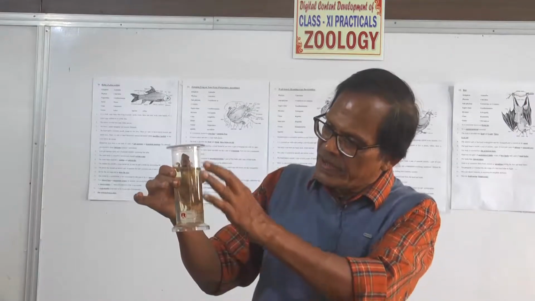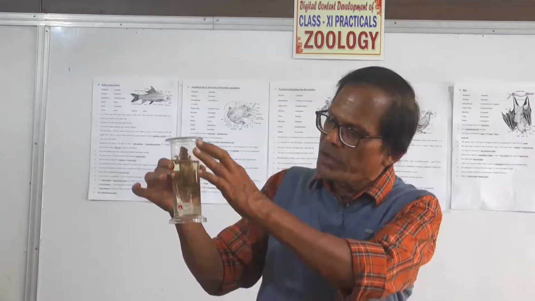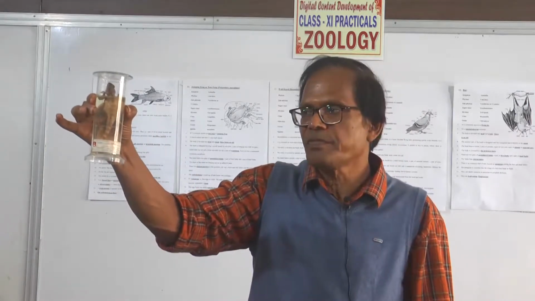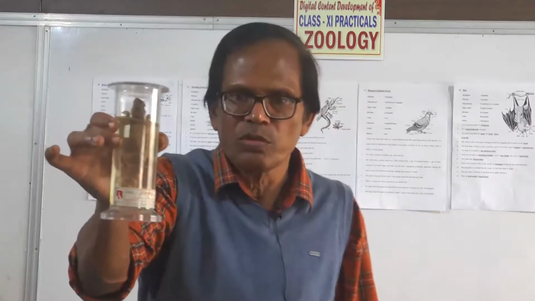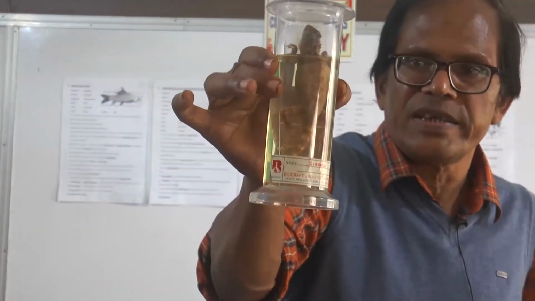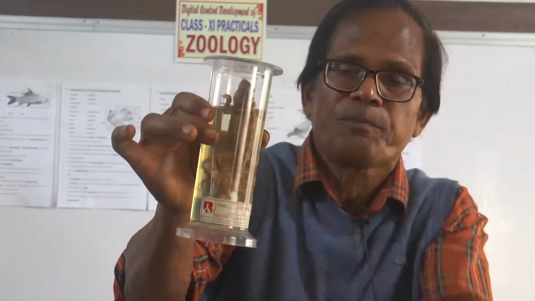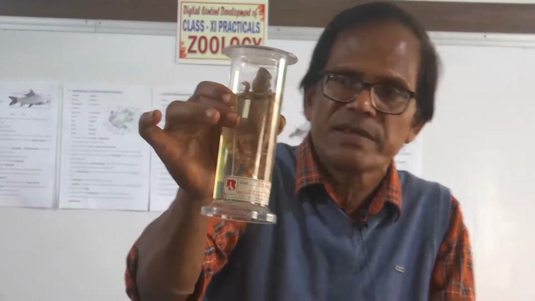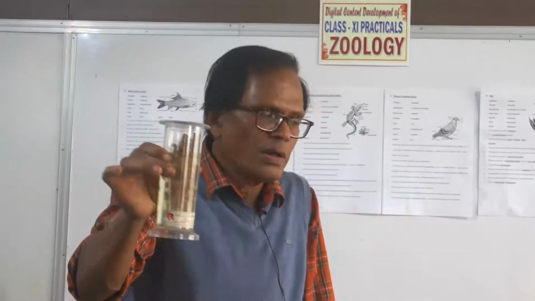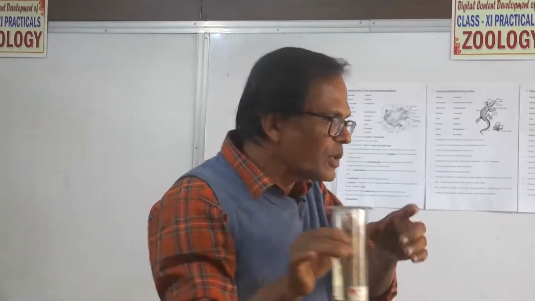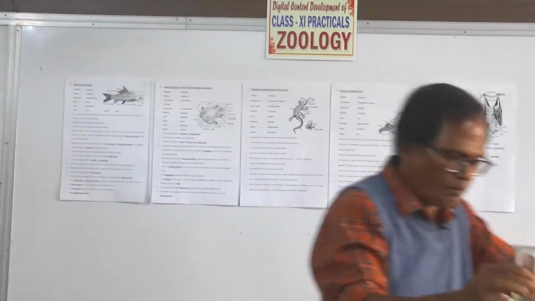It has a crest of spines along the mid-dorsal line of the body. You can easily see the crest of spines. This is the garden lizard. Other characters are closely similar to that of wall lizard.